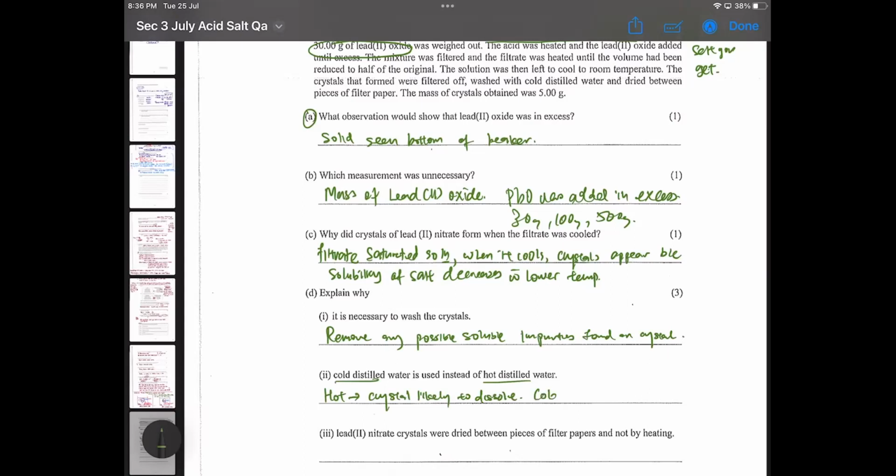So when you use cold distilled water, it reduces the amount of salt, in this case the soluble salt, that may dissolve. And that's the reason why we use cold distilled water. And the last one is filter paper instead of heating. This is to prevent the loss of the water of crystallization.